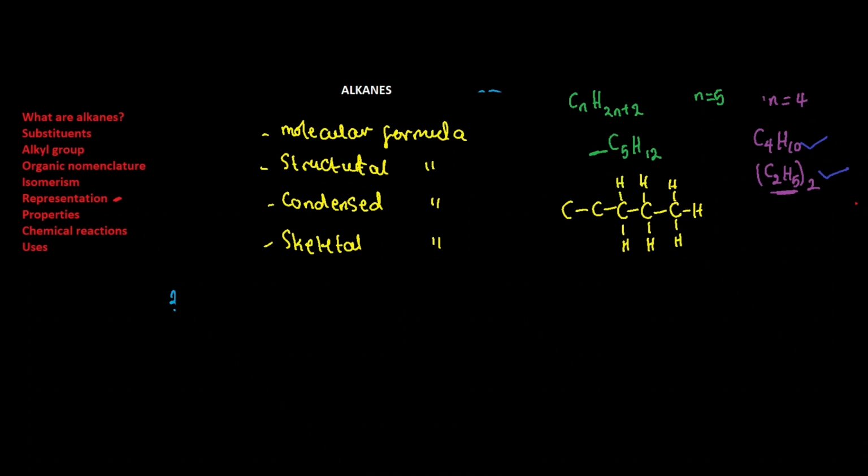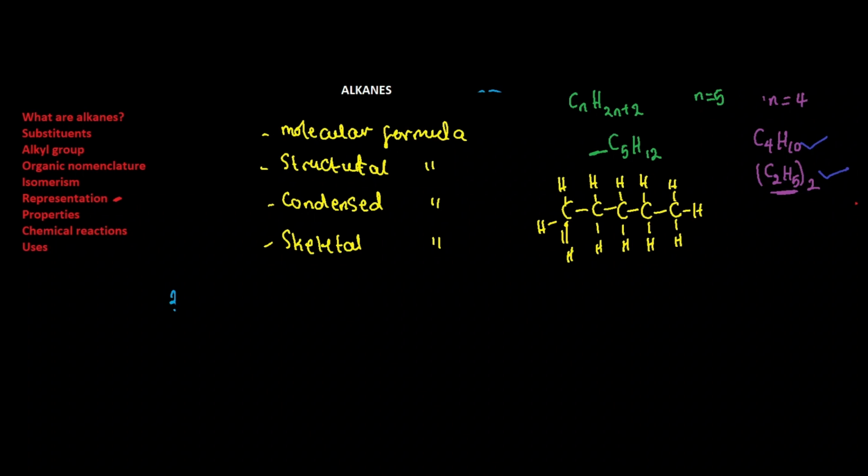Carbon would generally form 4 bonds, so we would fill up the gaps until each carbon atom is attached to 4 elements. So this would be the structural formula in this case.